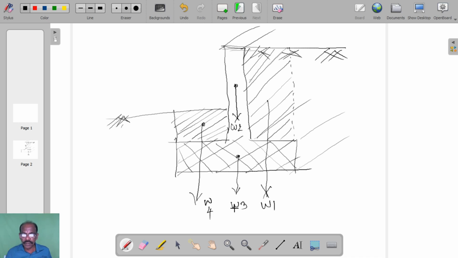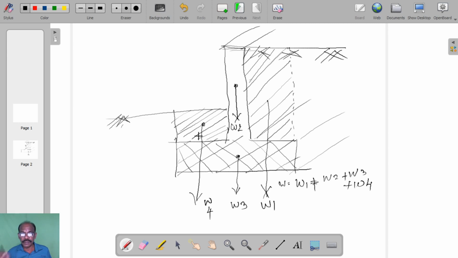Now the total weight of the base slab is W3. So the total downward force acting on a cantilever retaining wall is W equal to W1 plus W2 plus W3 plus W4: the weight of the earth acting on the heel slab, plus the weight of the stem slab, plus the weight of the bottom slab, and the weight of the earth acting on the toe slab.